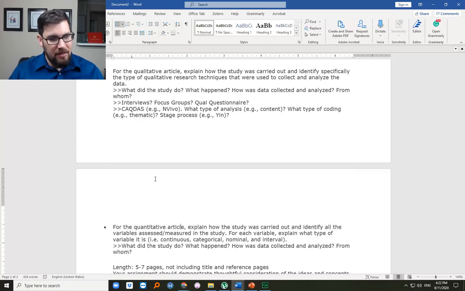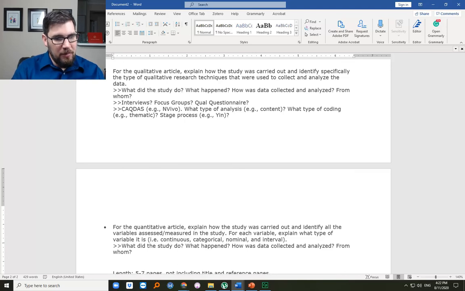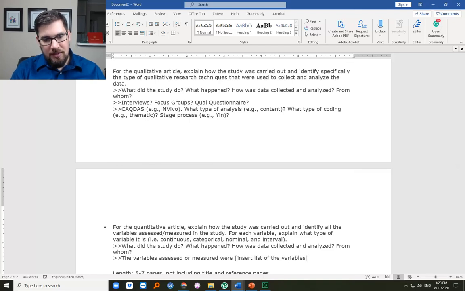So let's look at that. Was carried out. Identify all variables assessed and measured. And then you want to insert a list of the variables.